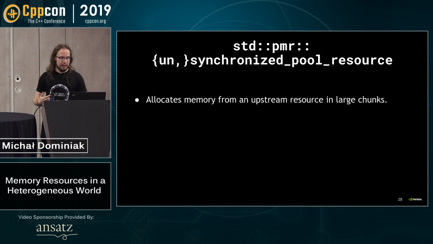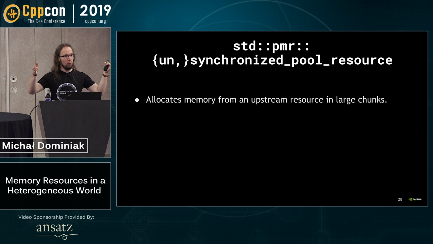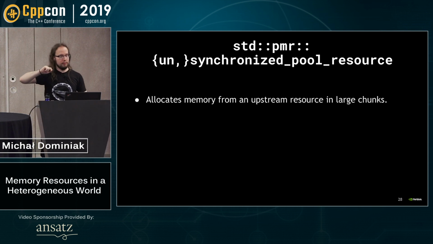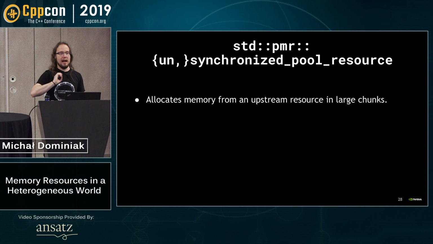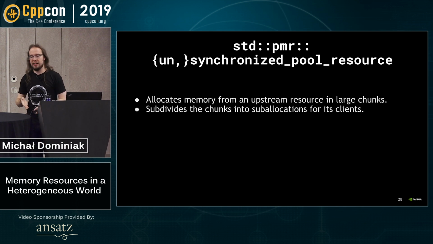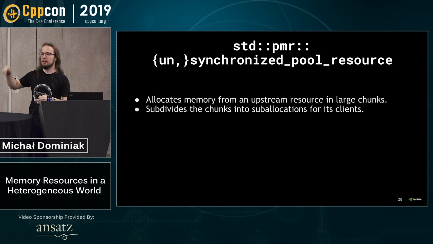So the idea is that you're going to allocate memory from the upstream resource. So the pool is going to know about some other memory source that you give it. You allocate it in big chunks because the assumption is allocating the memory from the upstream is expensive. Let's do this as rarely as possible. And then we are going to divide the memory into smaller parts that we are going to allocate to the clients of the pool.